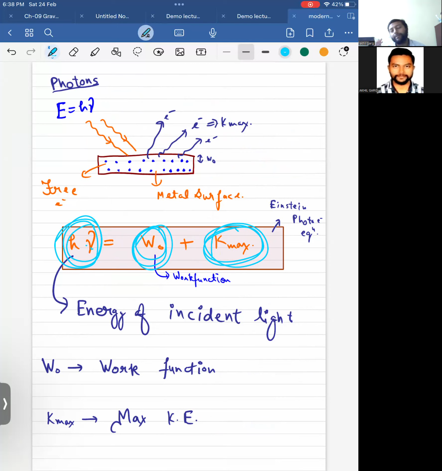With that work function we get the maximum kinetic energy of the electron. All electrons do not have the same energy, that is Kmax. Some very few electrons, or one electron, have maximum kinetic energy, which has minimum work function.